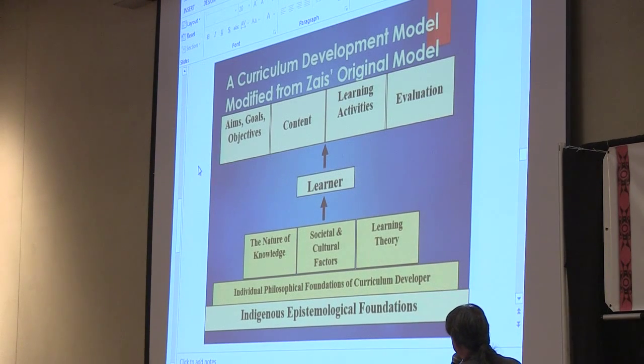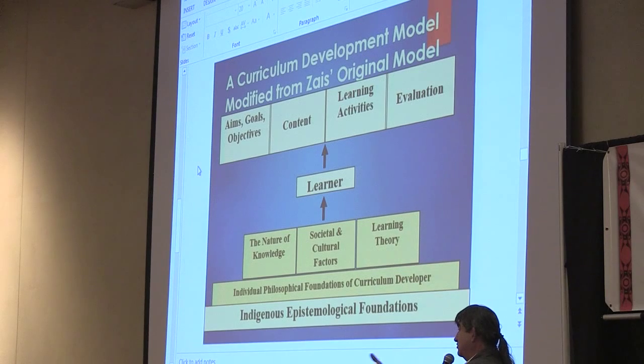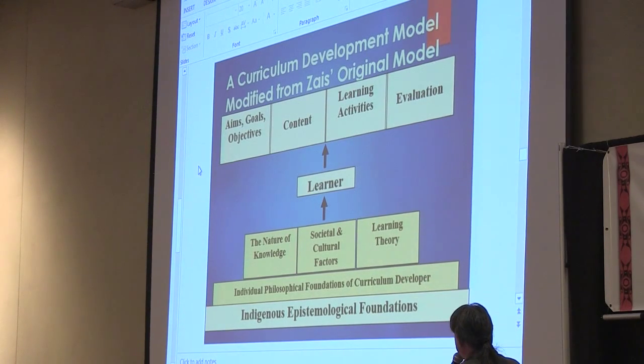And so, as you can see, this is called the Zaius Model. It's comprised of aims, goals, and objectives, content, learning activities, evaluation. The foundation that it sits on is the nature of knowledge that you're teaching, some of the societal or cultural factors, including where students are and how they're being affected by different kinds of things in a community or in a society, and different kinds of learning theories that you can apply.